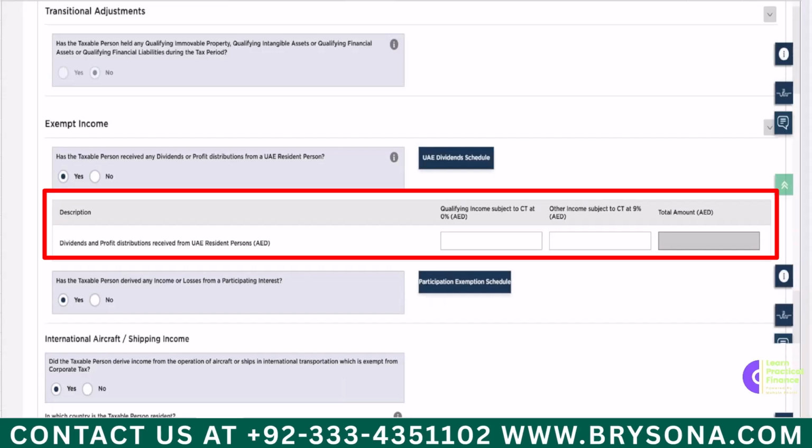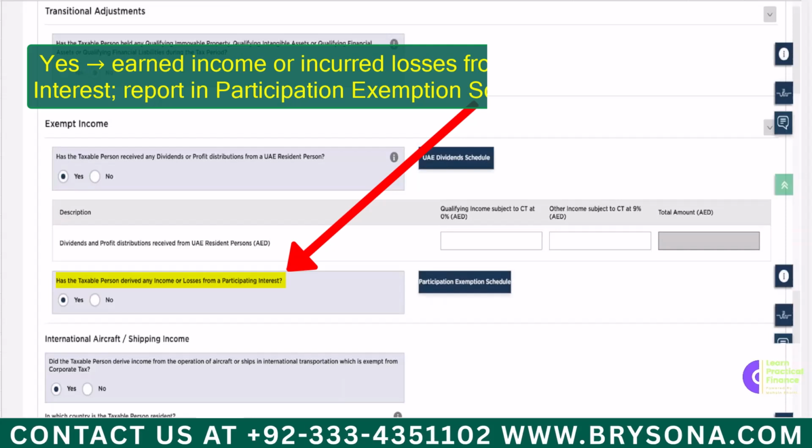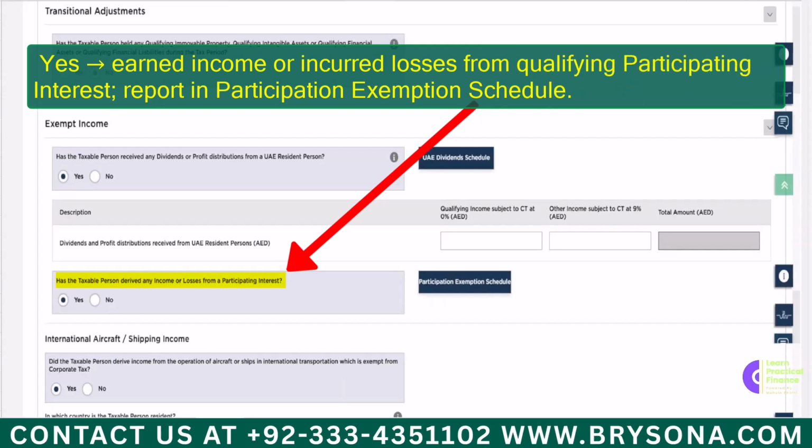The next question is, has the taxable person derived any income or losses from a participating interest? You have two options, yes or no. Answer yes if the company earned income or incurred losses from a qualifying participating interest. Then you have to report it in the participation exemption schedule.